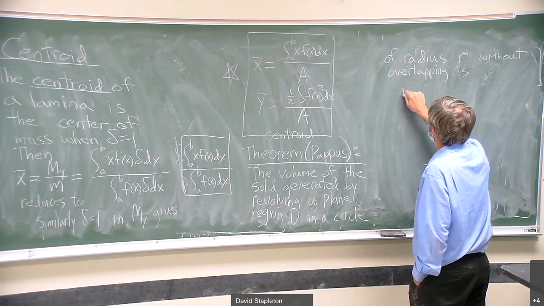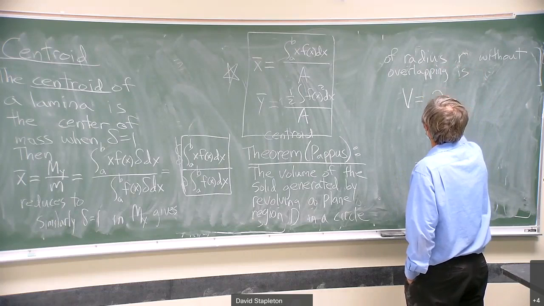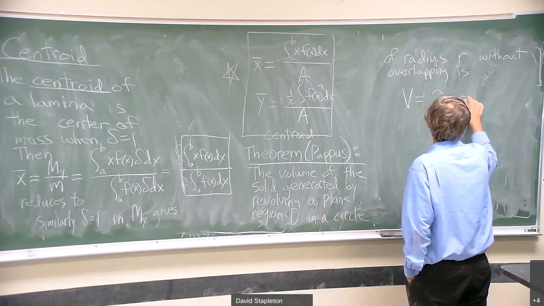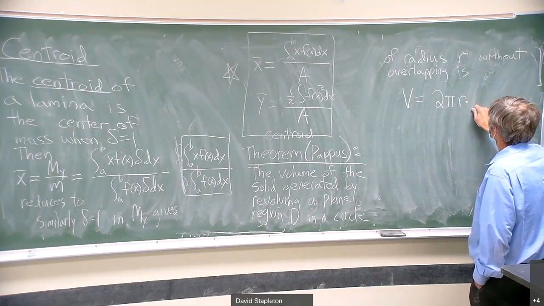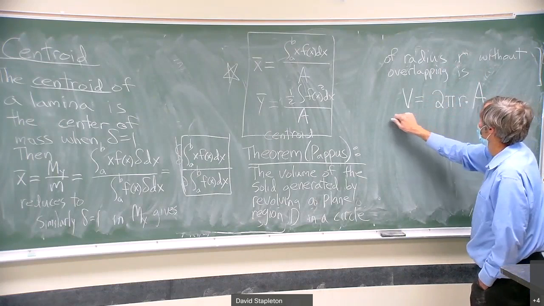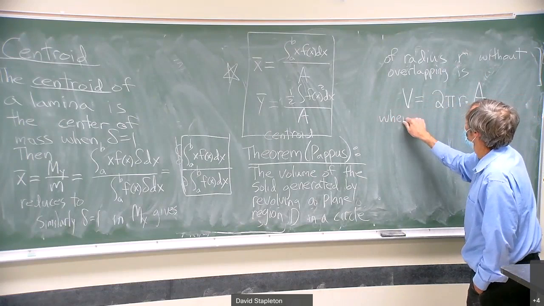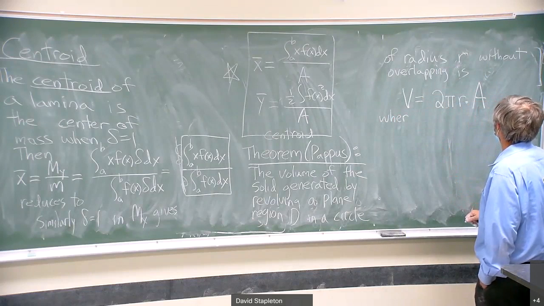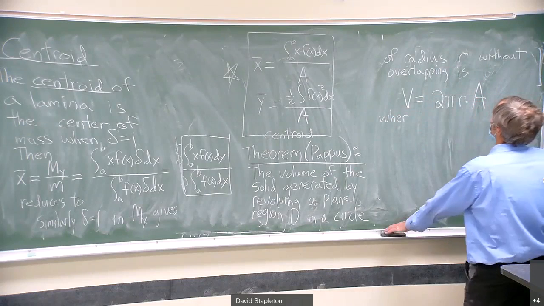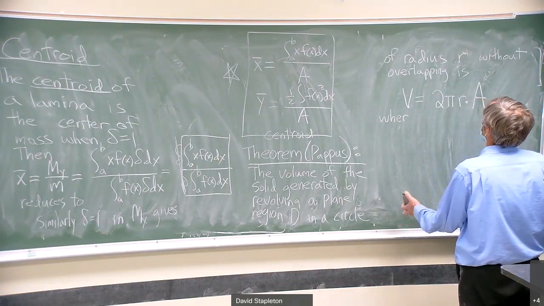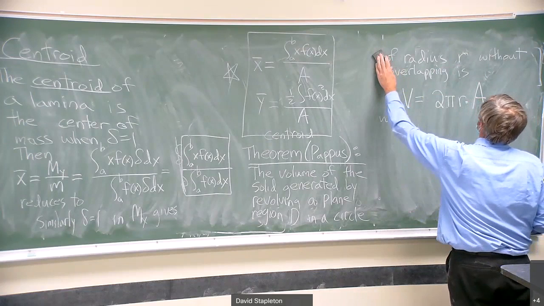Volume equals 2 pi r times the area of the centroid. I didn't write this right. Not radius, not of radius r.